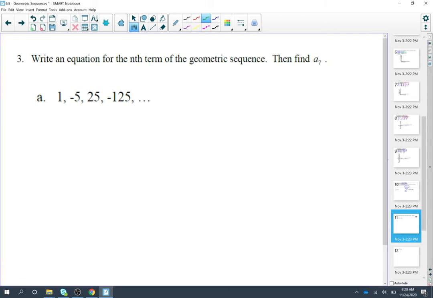Example 3. Write an equation for the nth term of the geometric sequence and then find a sub 7, which means the 7th number in the pattern. So first things first, if we're going to write these out, I'm just going to go back to my table so we kind of have something to look at here.